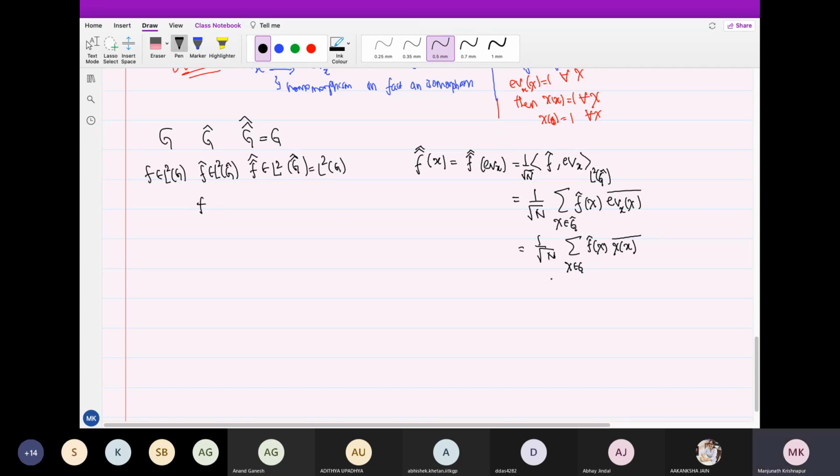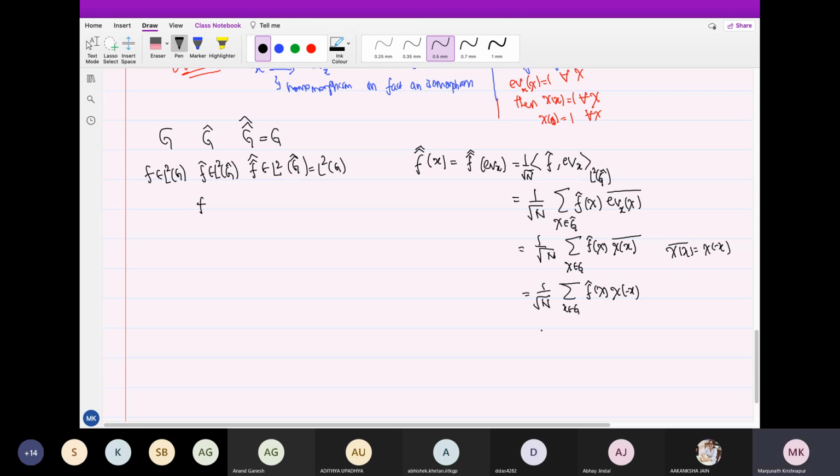That is chi of x conjugate, which is chi of minus x. So I can also write it as 1 over square root n, sum of f hat of chi times chi of minus x.